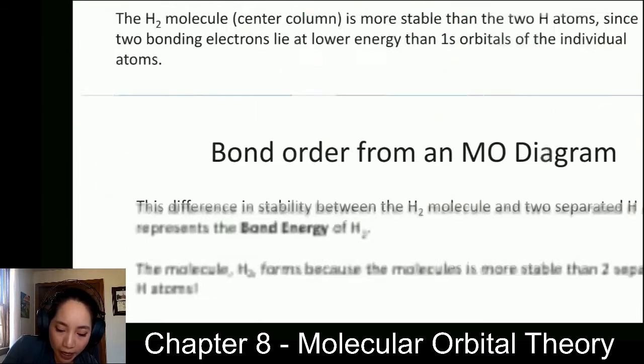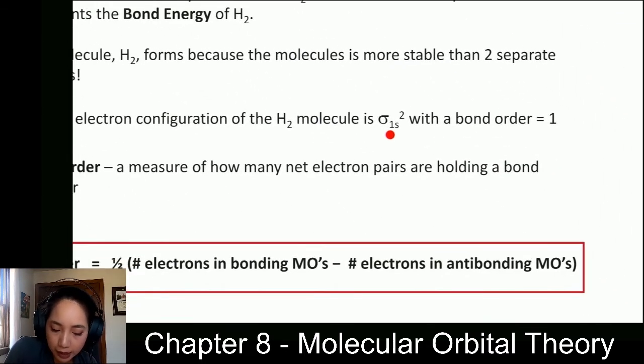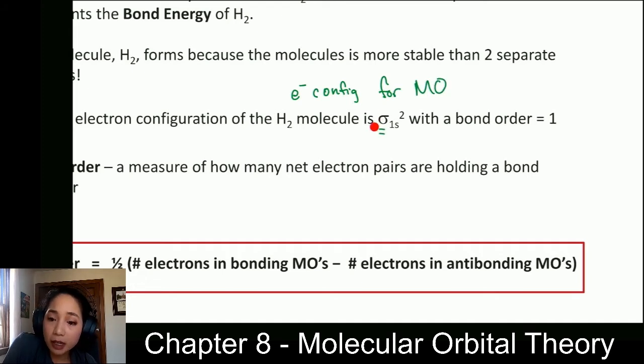So how we write that is like this. This is another way to write electron configurations for molecular orbitals. Molecular orbitals are sigma and pi interactions. So in this case, we say that there are two electrons in a sigma interaction between 1s orbitals in the hydrogen molecule. So this molecule has a bond order of 1.